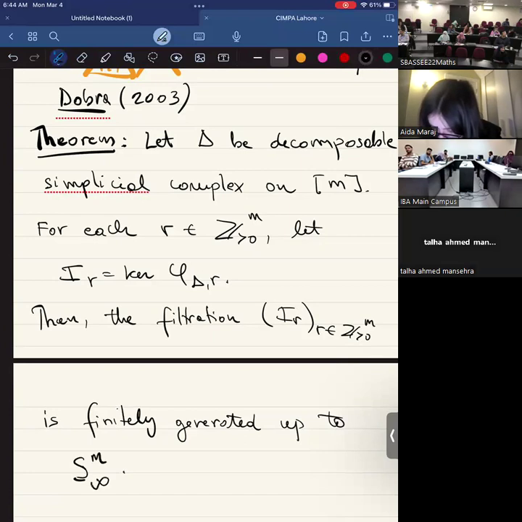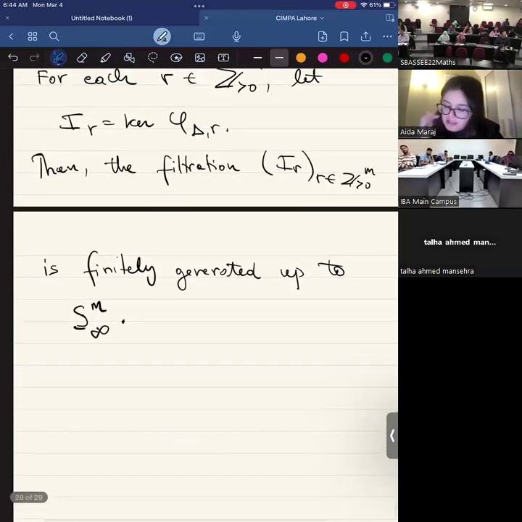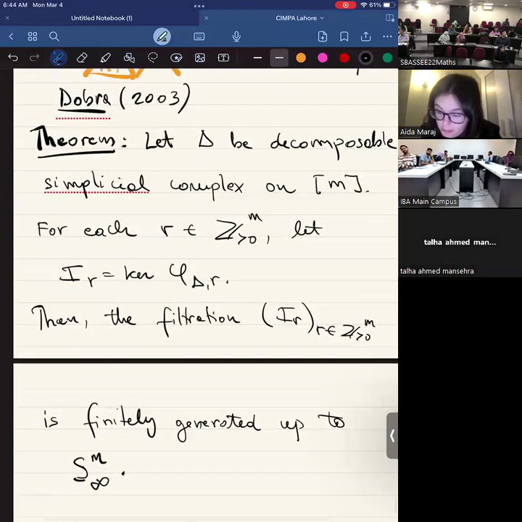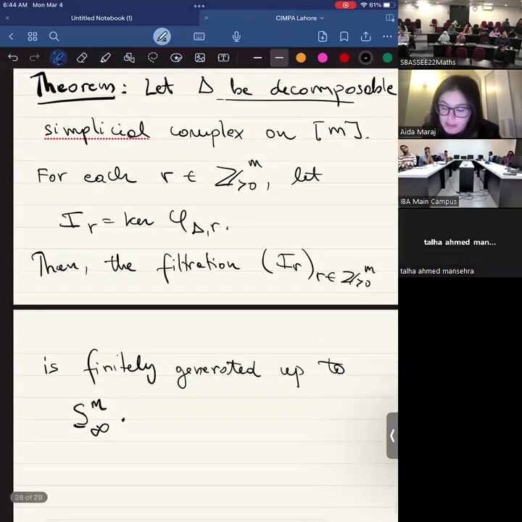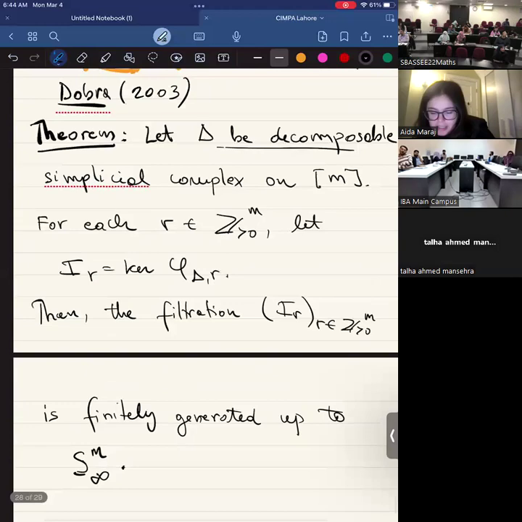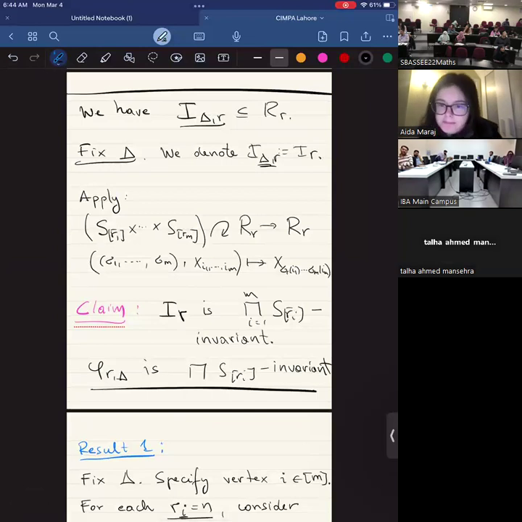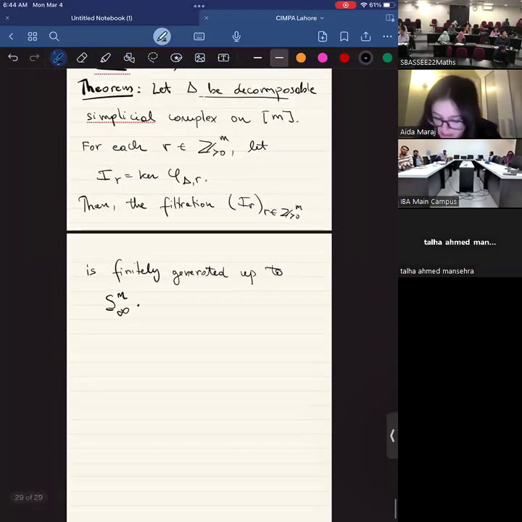So the idea is that if we start with a decomposable simplicial complex and we create any filtration of ideals, taking the most extreme case where all these states, all these R_i, are varying, then the ideal is finitely generated up to S_M infinity as I described here. And moreover, something even better.